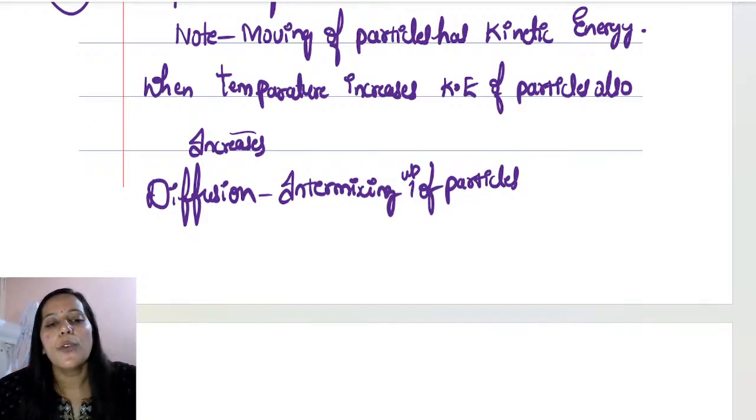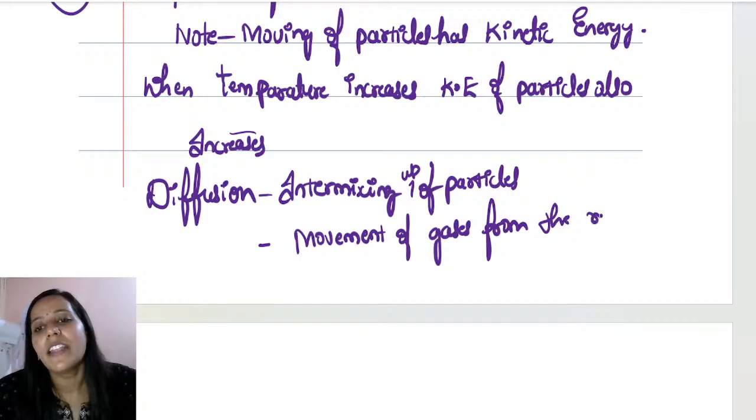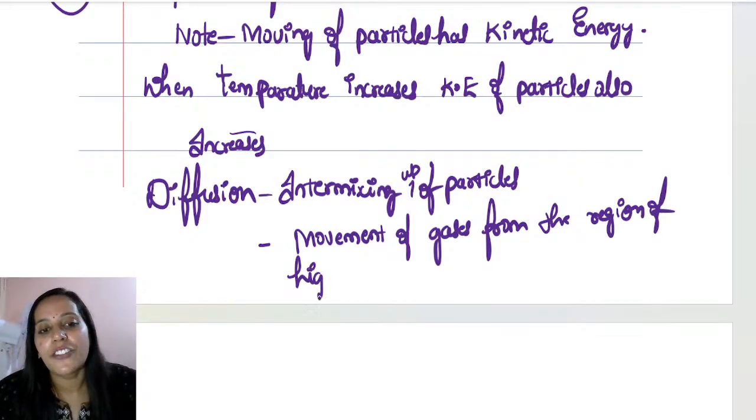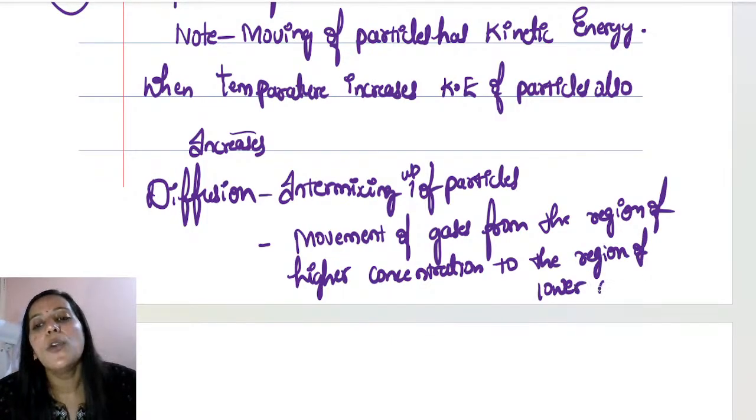So diffusion, another way of describing diffusion, is the movement of gases from the region of higher concentration to the region of low concentration, or lower concentration.